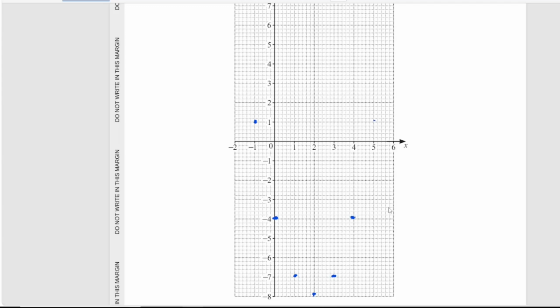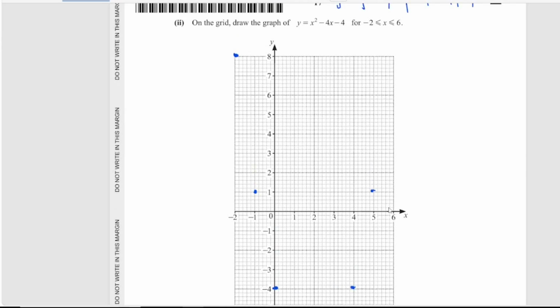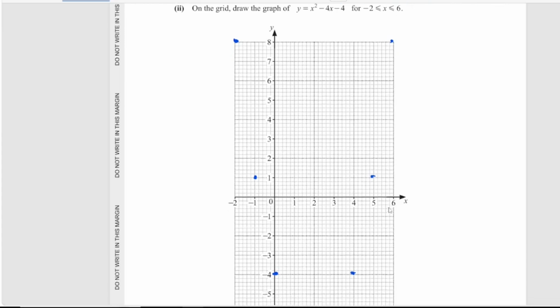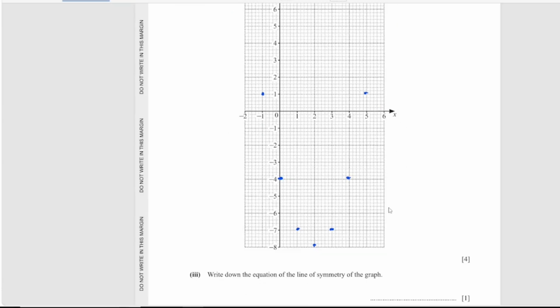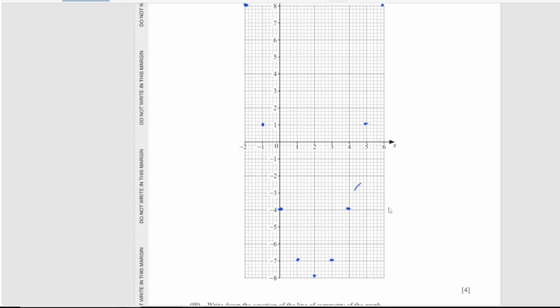And we can guess the last point, 6, 8. Now we draw the graph by joining them with a freehand sketch. And once again, you should be as accurate as possible. Not as accurate as you can, but as accurate as possible.